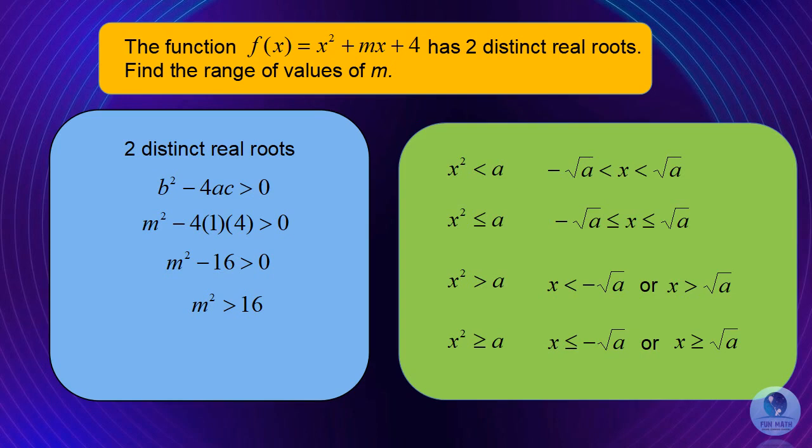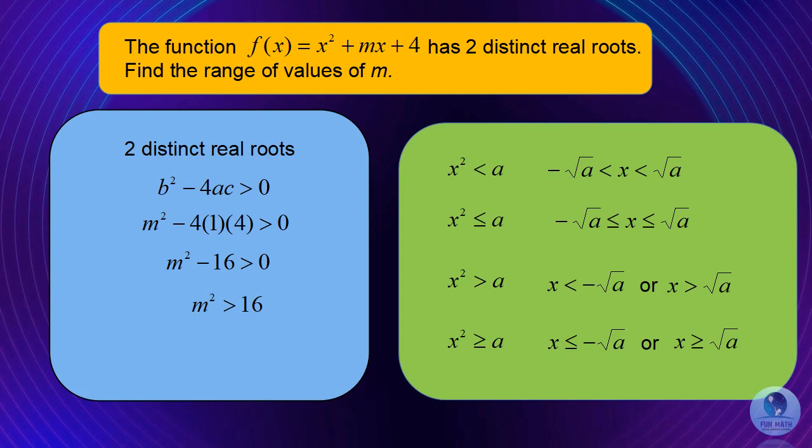Look at this table. Generally, if x squared is lesser than a, therefore x is greater than negative square root of a, but lesser than square root of a. If x squared is greater than a, therefore x is lesser than negative square root of a, or x is greater than square root of a.